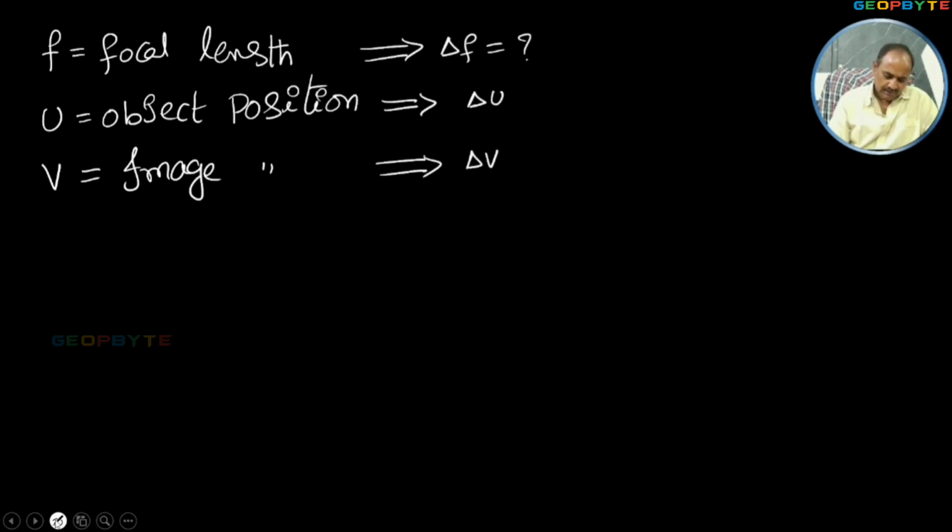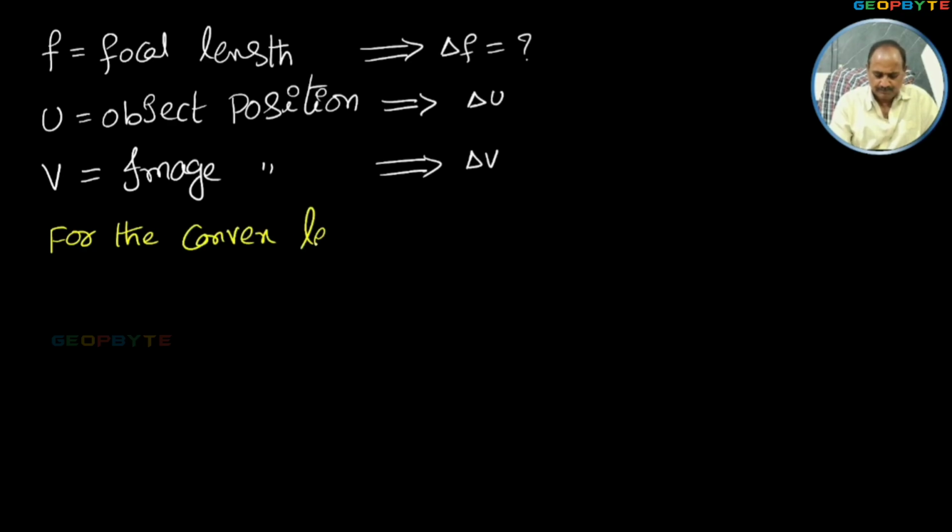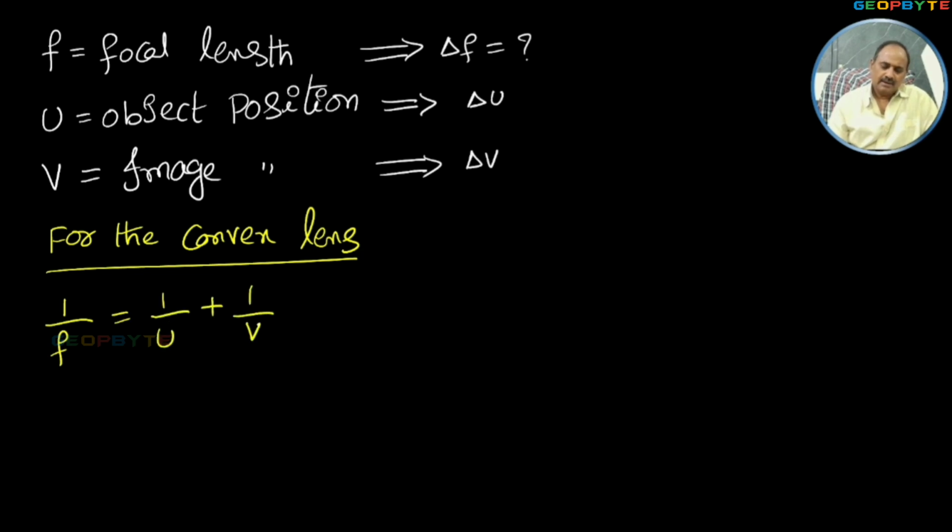Okay. Dear friends, remember for the convex lens, the relation between the above three quantities is 1 by f equal to 1 by u plus 1 by v. Okay, now let us write in terms of error.